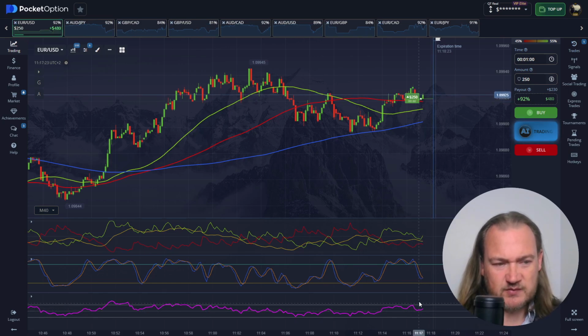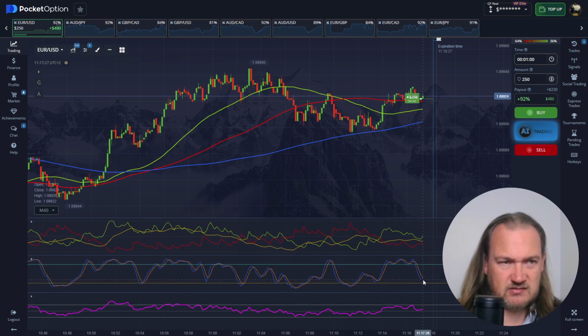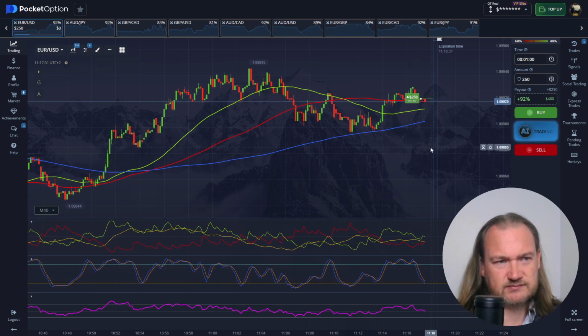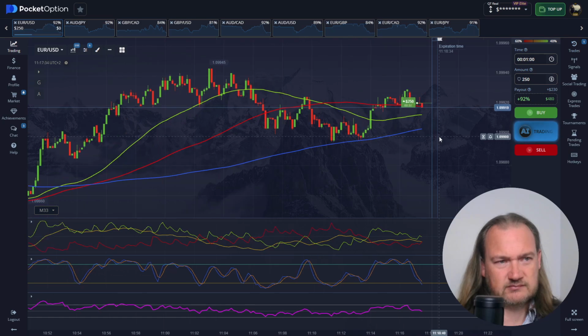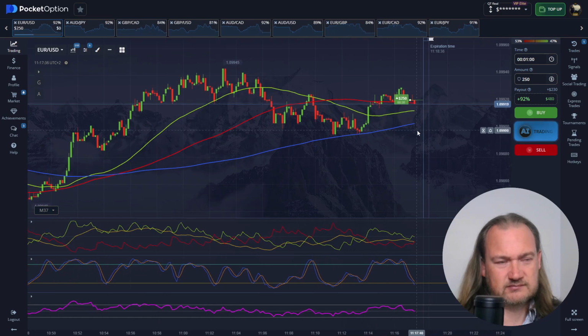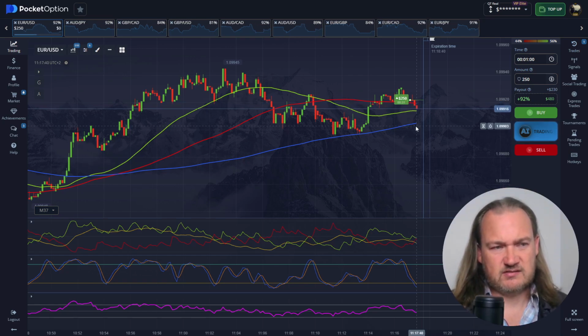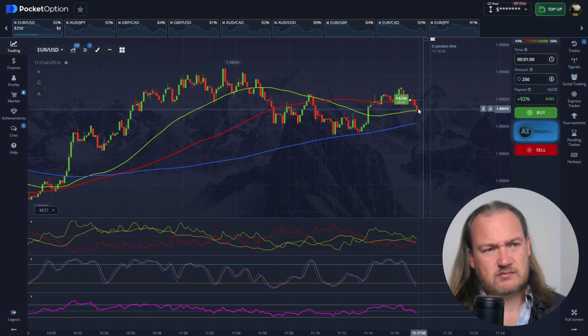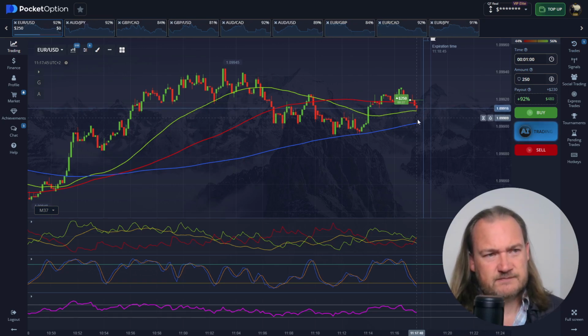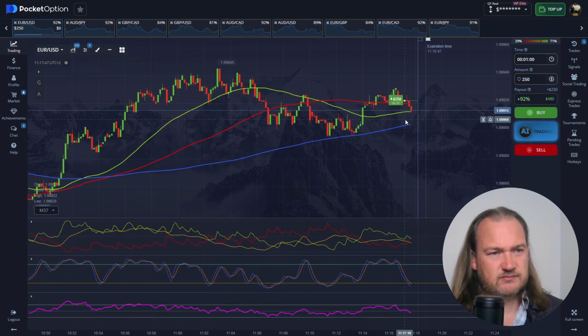So this is part of my strategy. That's why I'm taking this. As a bonus, we kind of have hidden bullish divergence. So that kind of confirmed my trade. But again, this looks like it's going to nail me.